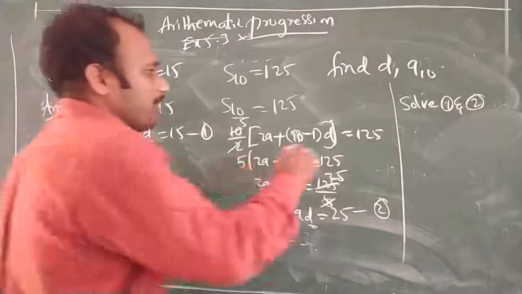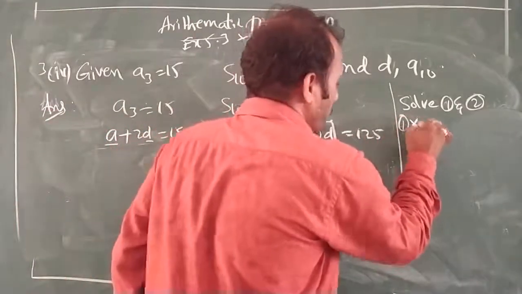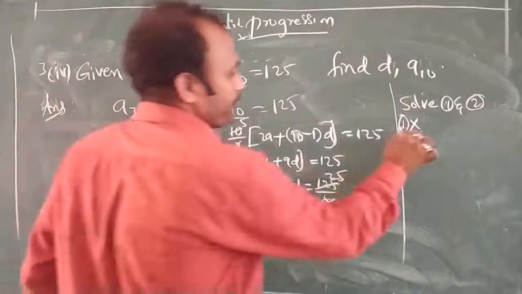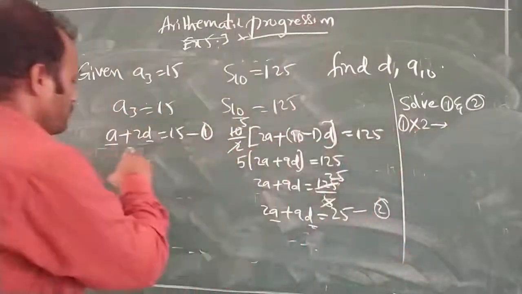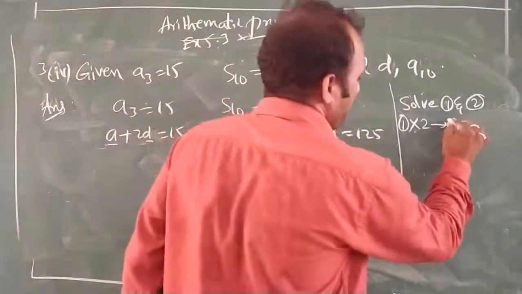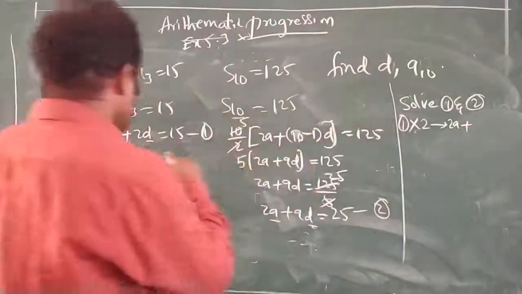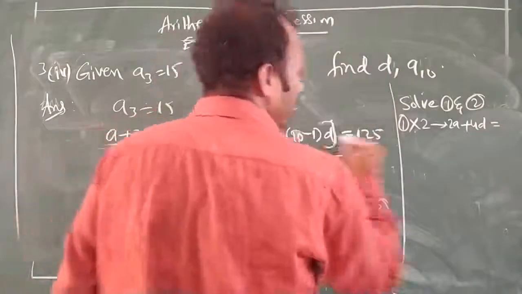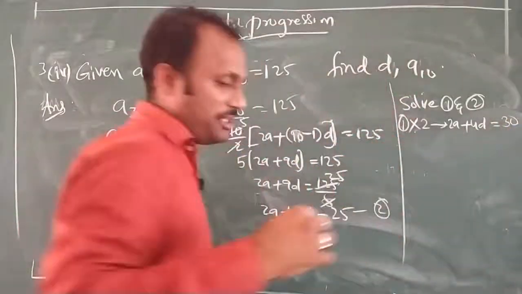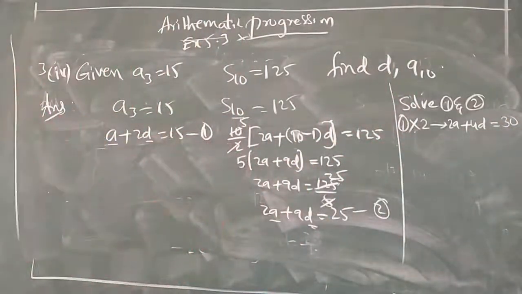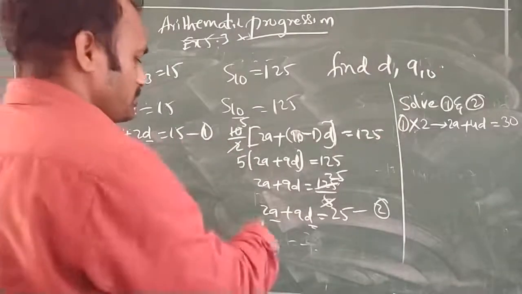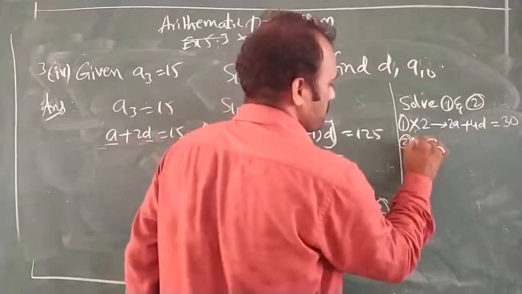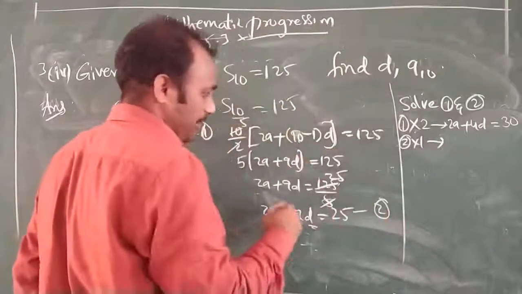So the first equation I have to multiply by 2. Then how will this equation change? 2 into A, 2A plus 2 into 2, 4D, 15 to 30. Each and every number should be multiplied with the 2. The second equation stays as such, because there will be no change if you are multiplying with 1.